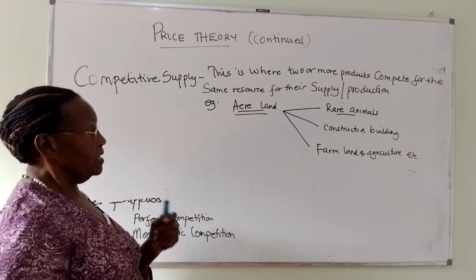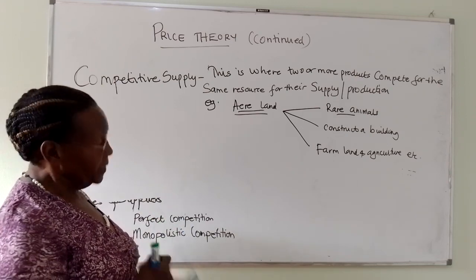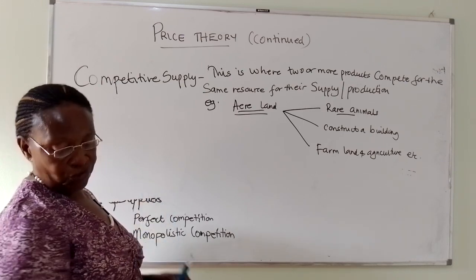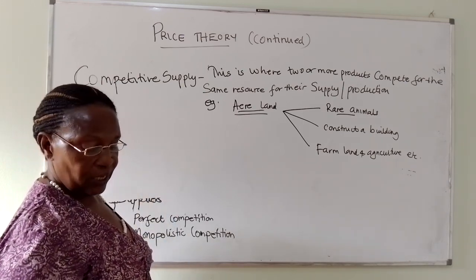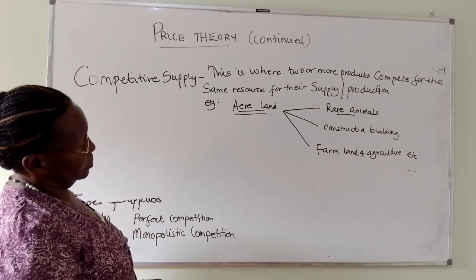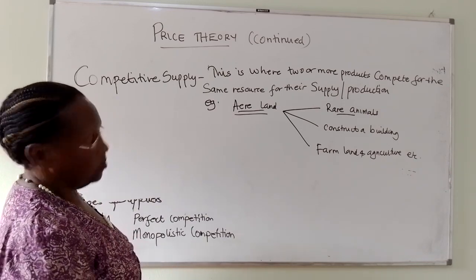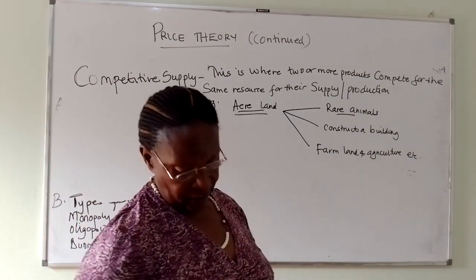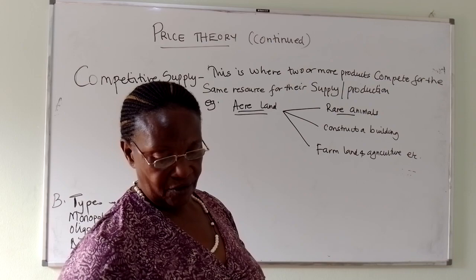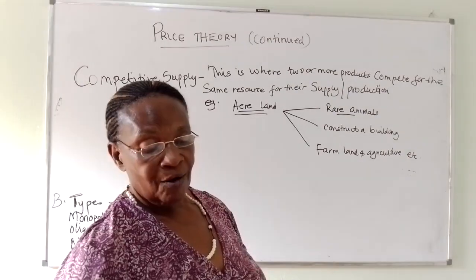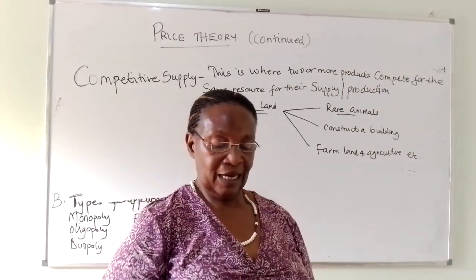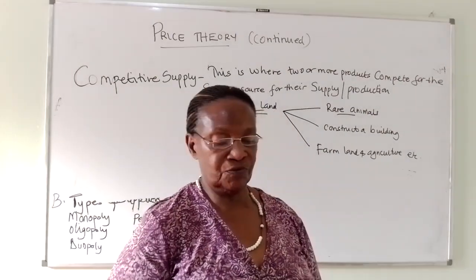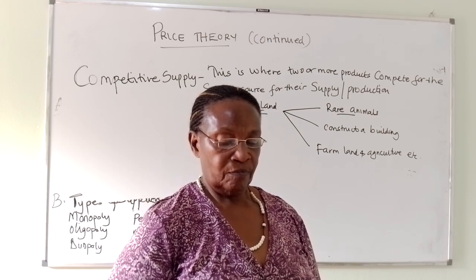So there are so many products which are competing to be utilizing that resource, but the resources are not enough to satisfy all of them. So that is what we call competitive supply: supply of two or more commodities that compete for the same resource for their production.